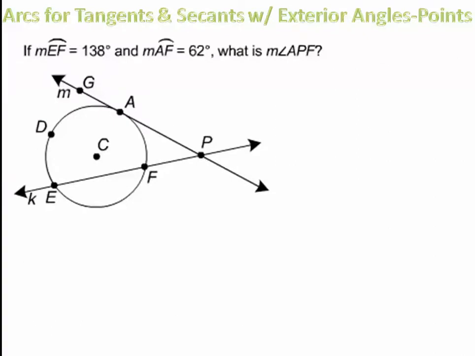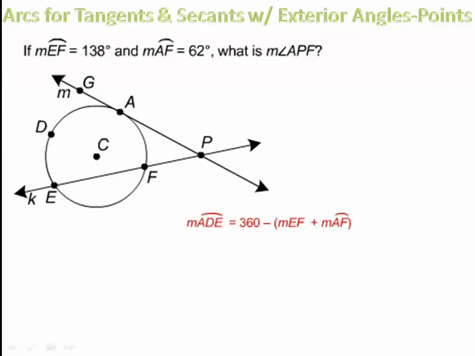Now here we're given a couple of arcs, but I think it's maybe the arc we don't need. Let's see. They said EF, so I'll go from E to F, and then they've got A to F, which is 62. Well, I need to know AF, which they give me, but I also need to know ADE. All right, in order to figure out ADE, let's see what they do.